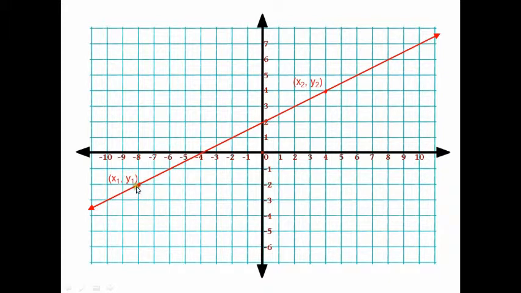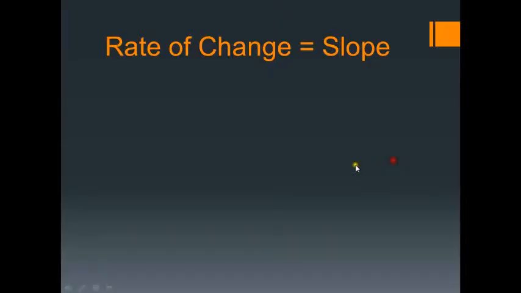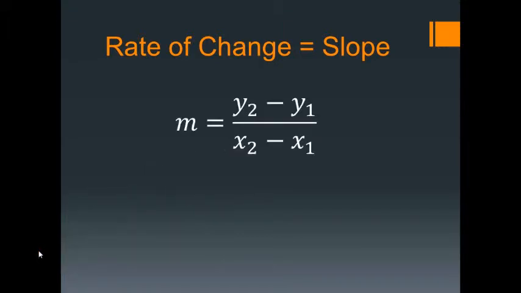But we need to know how fast it's changing versus how fast it's going over, which is your slope, rate of change. We've been calculating that now for a few days in review. Remember, that's the formula you use. Use the y-coordinate from the second point minus the y-coordinate from the first point.